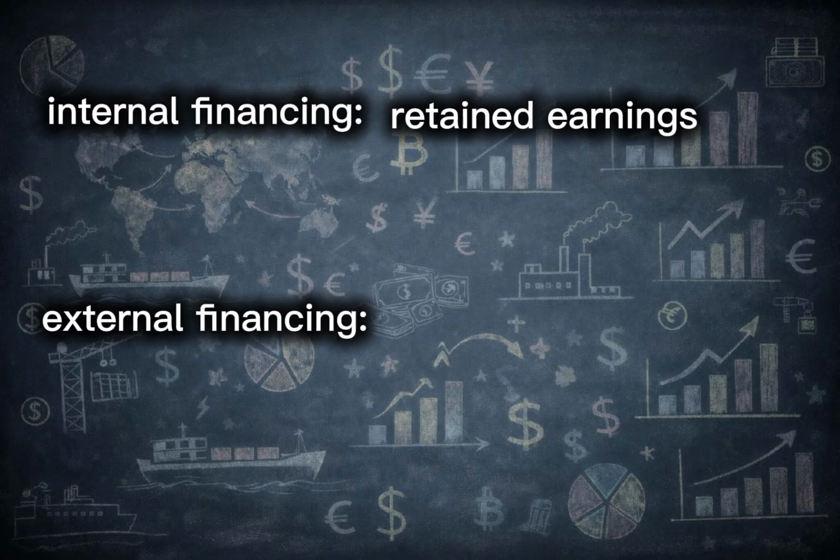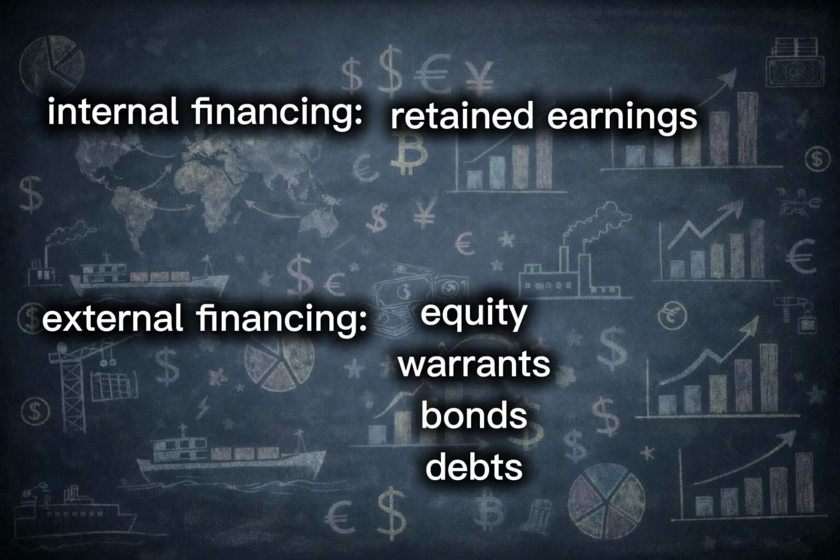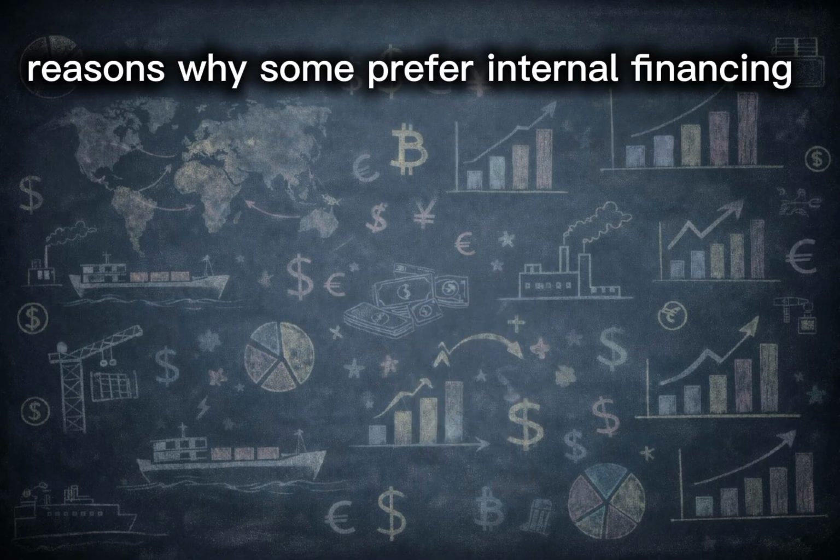While external financing refers to funds that are raised using stocks, warrants, and equity raised from the financial market. It has come to a realization that some firms prefer internal financing, that is financing through retained earnings, more than external financing, that is financing through debt and equity. Why is this so?